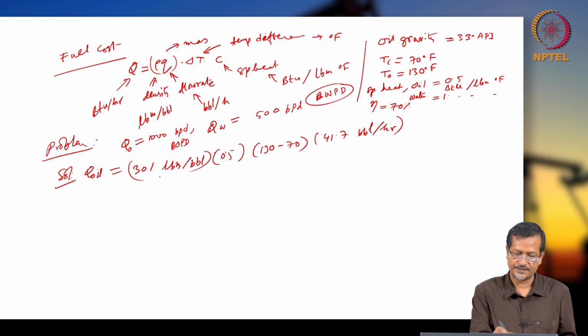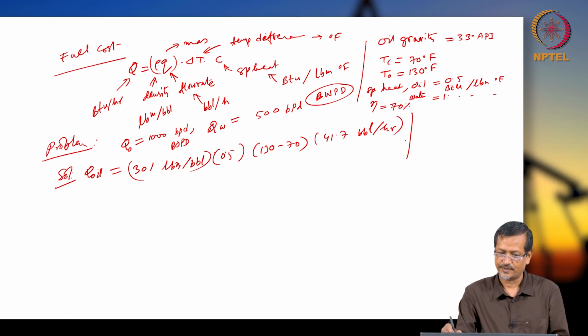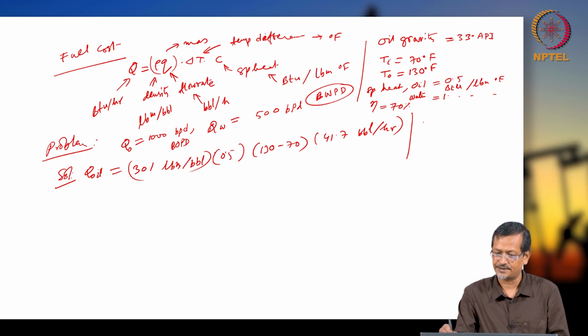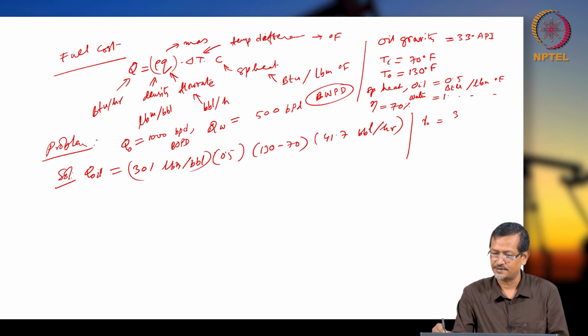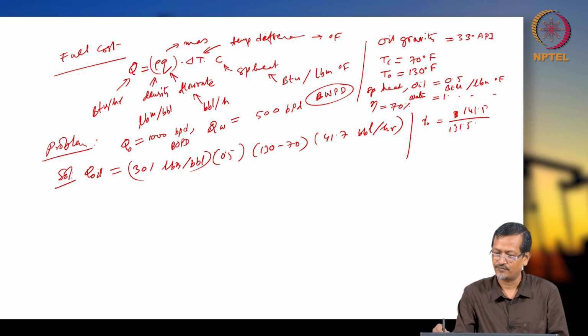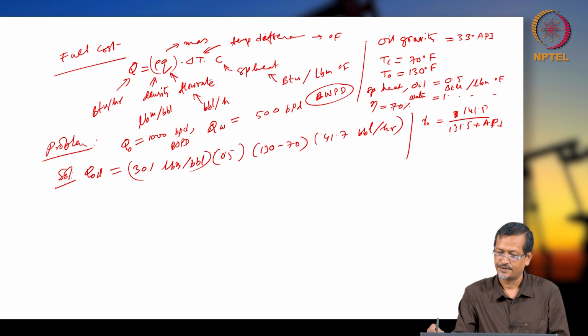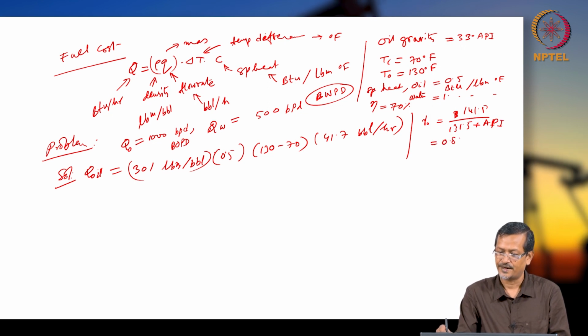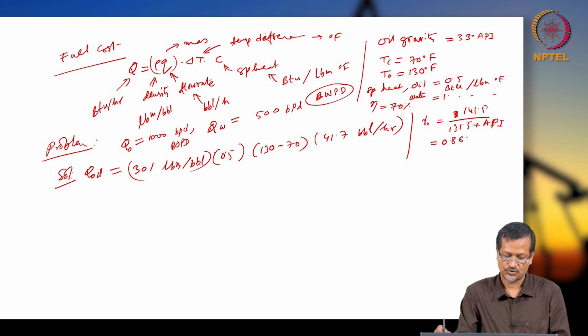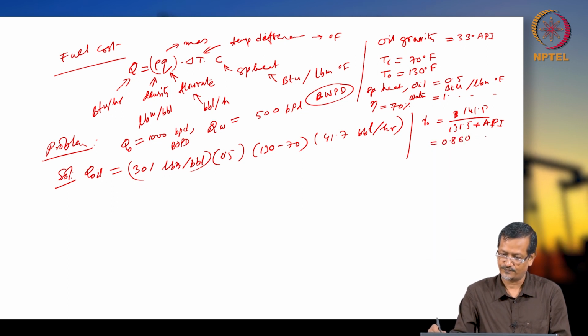Okay, how did I get the 301? Actually, first you have to convert the API gravity of 33 degrees into specific gravity: gamma O equals 141.5 over 131.5 plus API. So you are getting here 0.8628602.